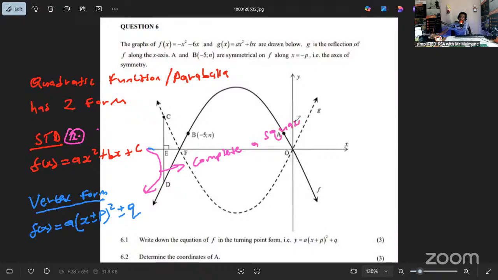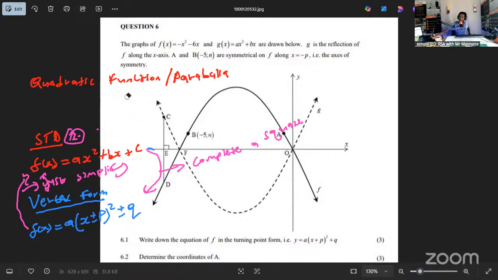So you complete the square to move from standard form to vertex form. However, the other way around, you just simplify. It's simple, you just simplify. But one equation is able to be represented in both ways, which brings us to our 6.1.